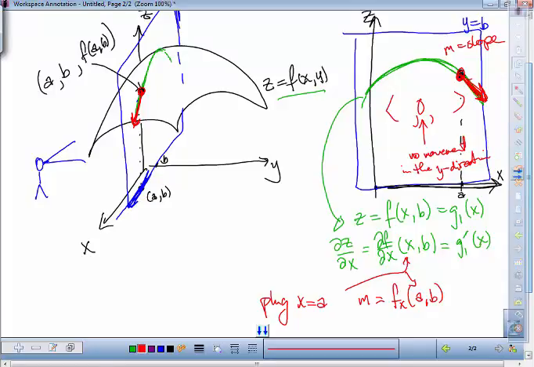Okay, so this is our first step. Our next step is to find another tangent vector, and then when we cross that, we're going to get a normal vector, and that normal vector is the vector that's going to help us create our plane. And all this, we're doing all this to find an equation of a tangent plane.